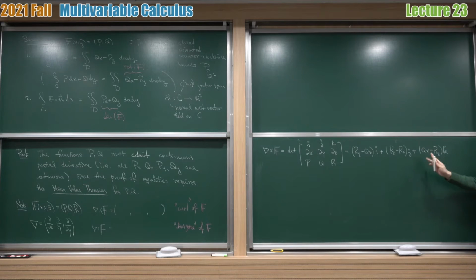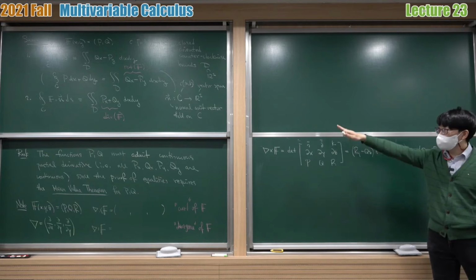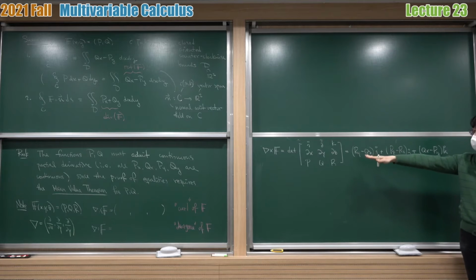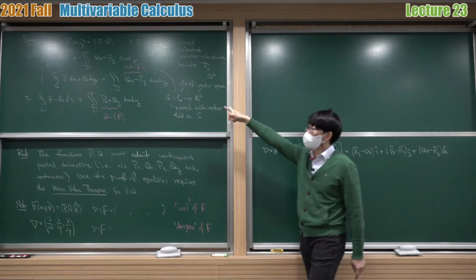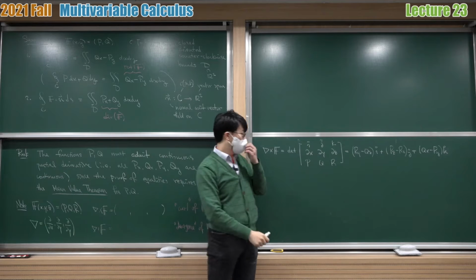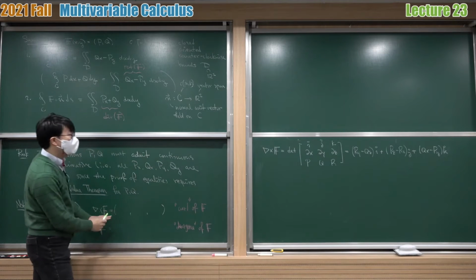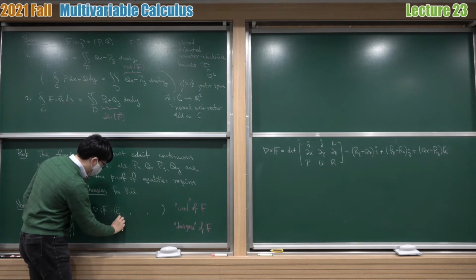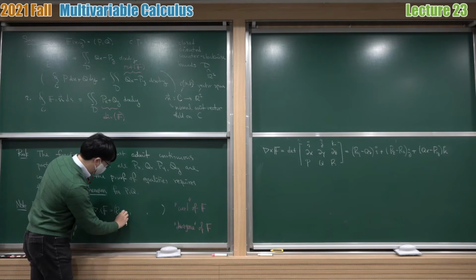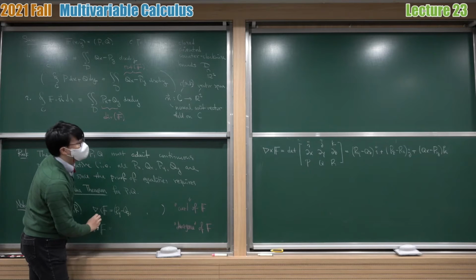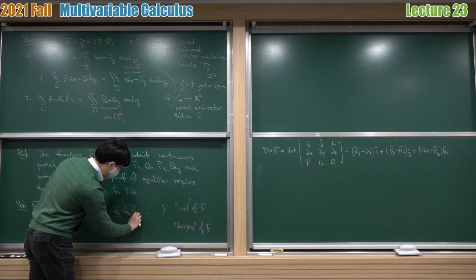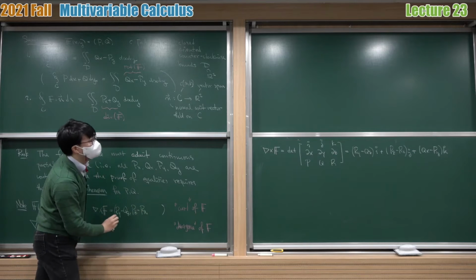There is a reason why this Qx minus Py appears. It's not a coincidence, because we're going to see that if you have a special case, it actually goes back to the original two-dimensional case. So anyway, this is our curl. I'm going to write that here: Ry minus Qz, Pz minus Rx, and Qx minus Py.